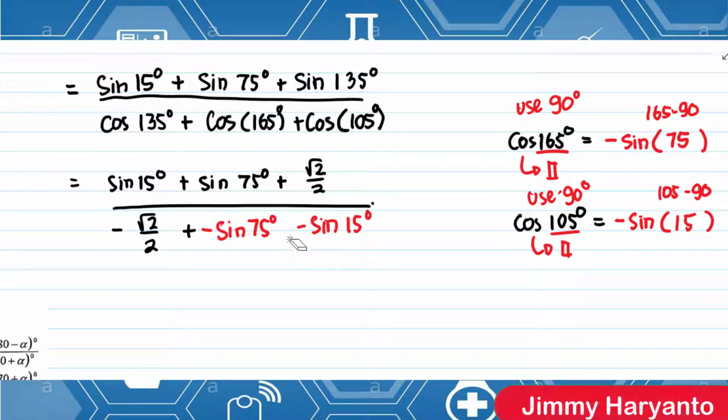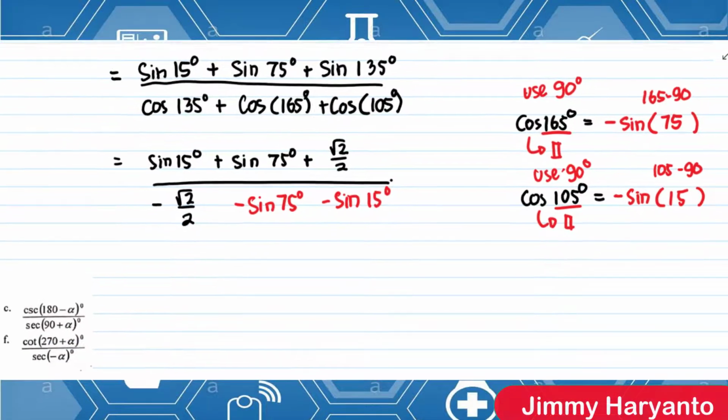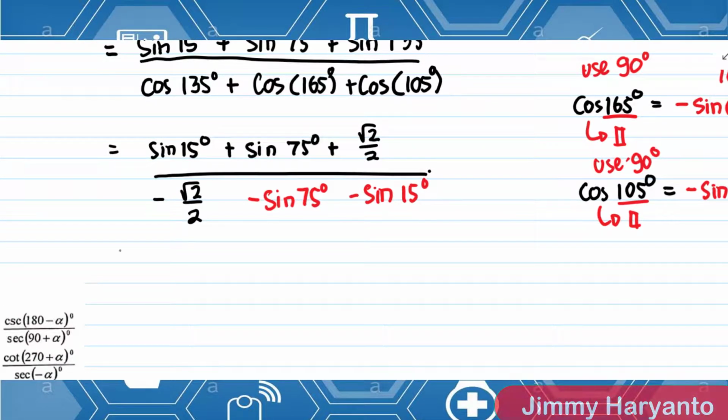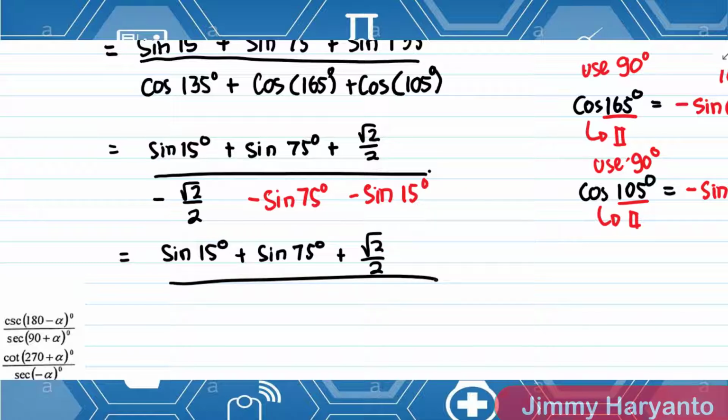After that I can factorize the negative, so the top one will be the same, sine 75 degrees plus square root 2 over 2, over negative 1 in the bracket.